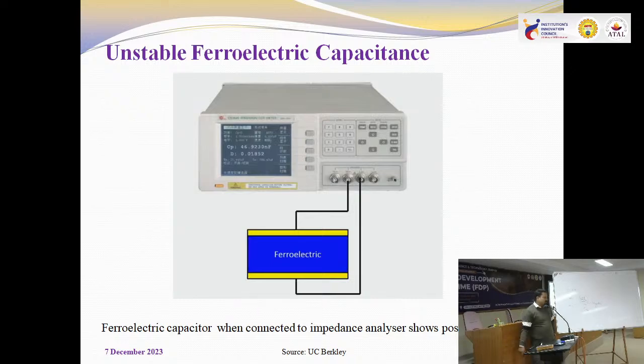They have taken a parallel plate capacitor with a ferroelectric material. Now, as we discussed in our previous slide, it should show the signs of negative capacitance. But when this is put across an impedance analyzer, you can see it is showing a positive value of capacitance. You can see Cp equals 46.9230 nanofarads.